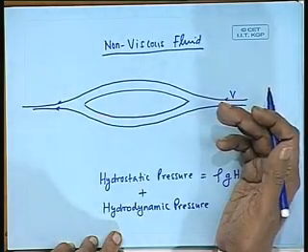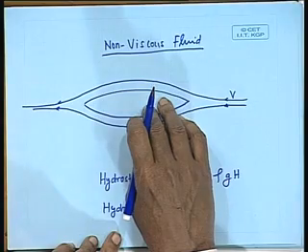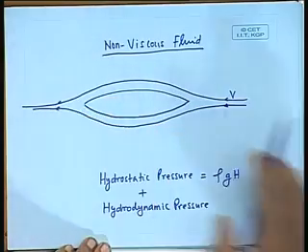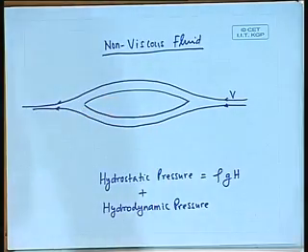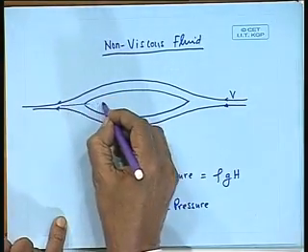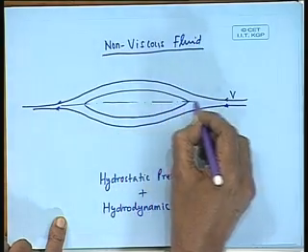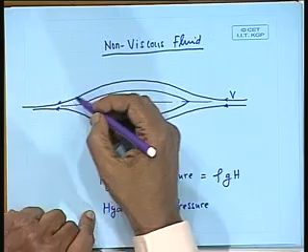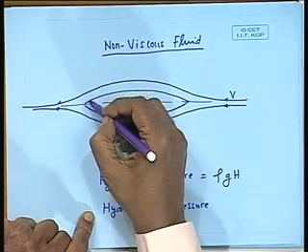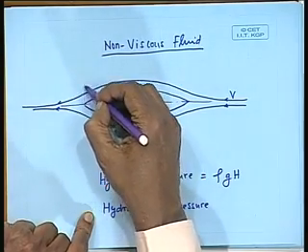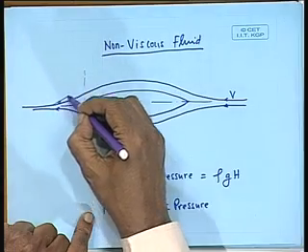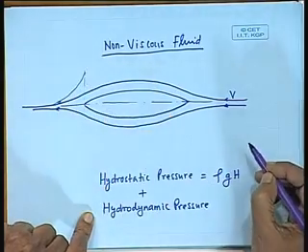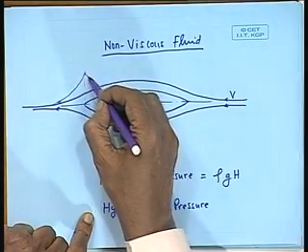And how will the pressure be? The pressure will be more at the ends and less in the middle. Okay. So, if I draw the pressure diagram on this, the pressure will go up like this at both ends, mind you.